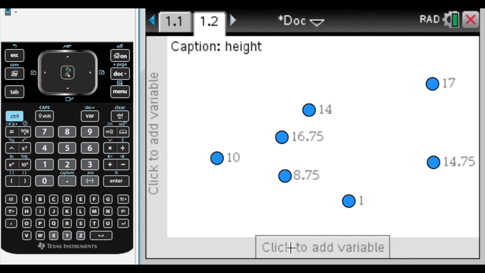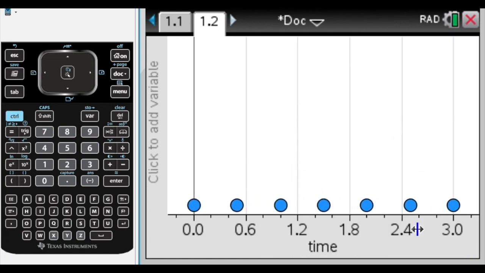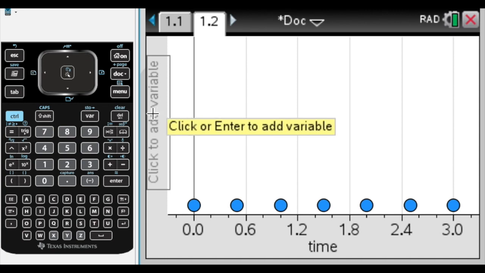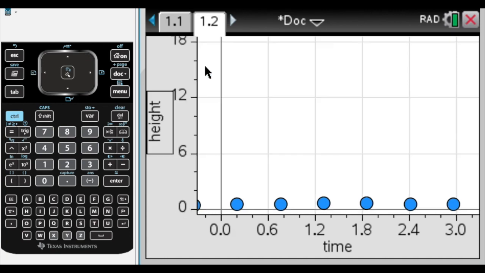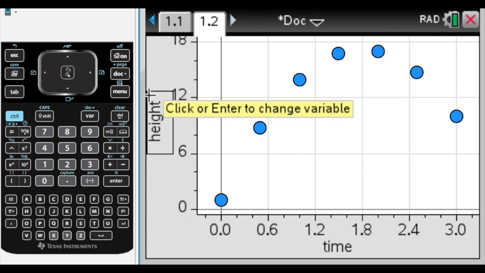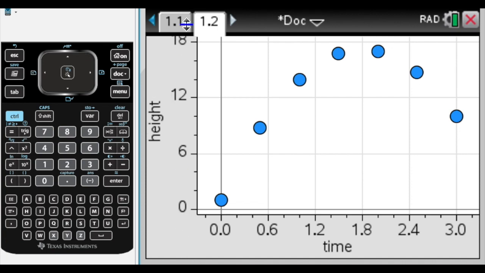I've got to tell the calculator where to find the data though, so I'm going to click on the X variable, and we will want that to be time. We will want the Y variable to be height, and there we get a very nice picture of the data, and as before, it's very strongly suggested that this is going to be a parabolic model, and so quadratic regression is a sensible option.